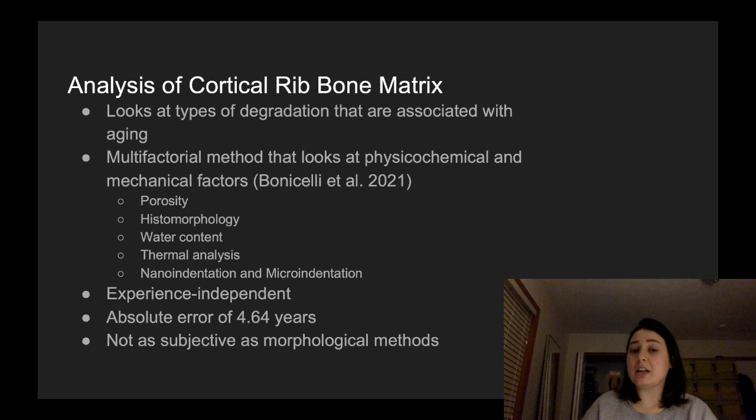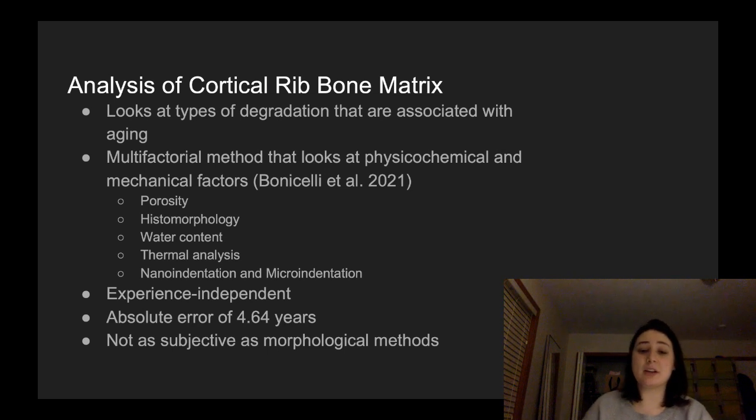The really good thing about this form of analysis is that it is experience independent. They found that really anybody who performed this did not need to have a background in forensic anthropology or anatomy. So a physicist, a chemist, really anyone could carry this out. And they found that the absolute error was 4.64 years.